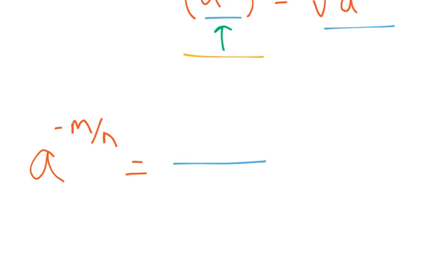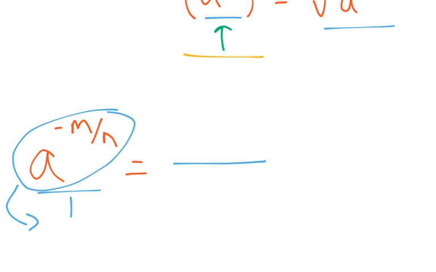We do that by making your base and exponent flip sides of what fraction they are in. If you don't see a fraction, obviously this is like over 1. So now this whole thing goes down to the denominator. The base and the exponent, the only thing that changes sign is the exponent. It's just positive m over n. If there's nothing left in the numerator originally here, then there's a 1 left.